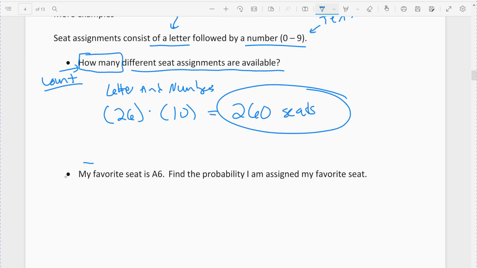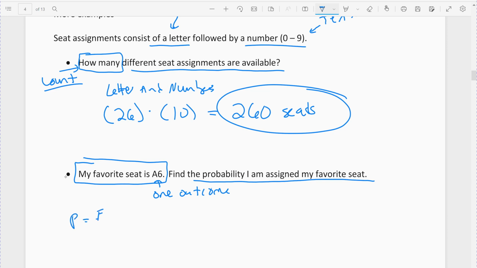All right, suppose that your favorite seat is A6. Find the probability that if you're randomly assigned a seat in class, that you will get your favorite seat. Well, this is just one outcome, right? That's it. There is only one seat that is A6. And so probability, remember, is the event divided by the total.